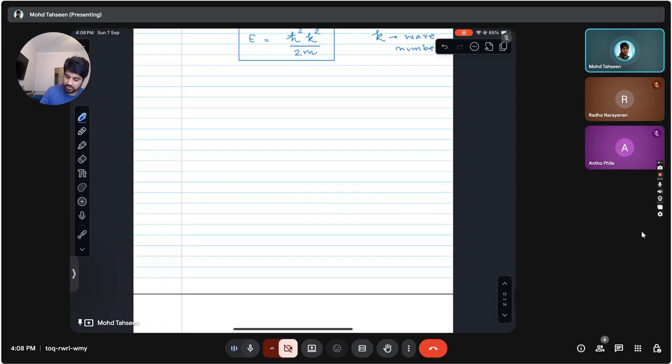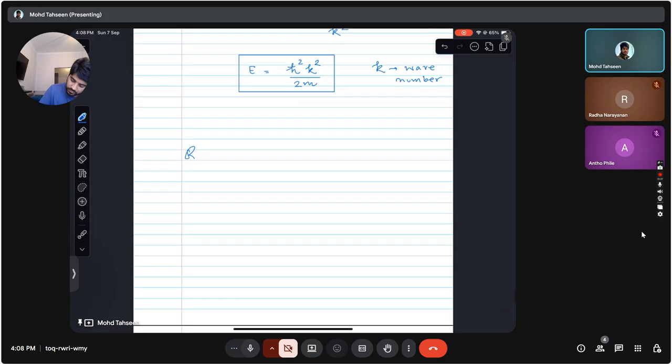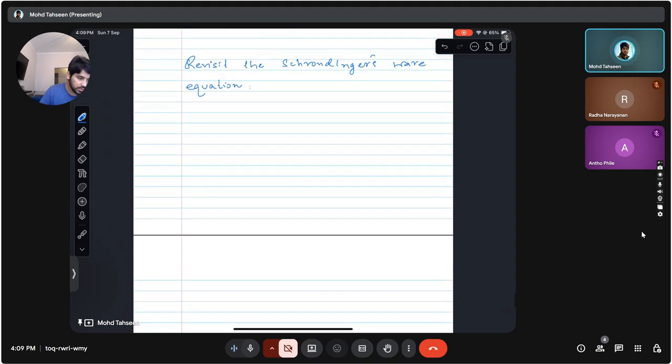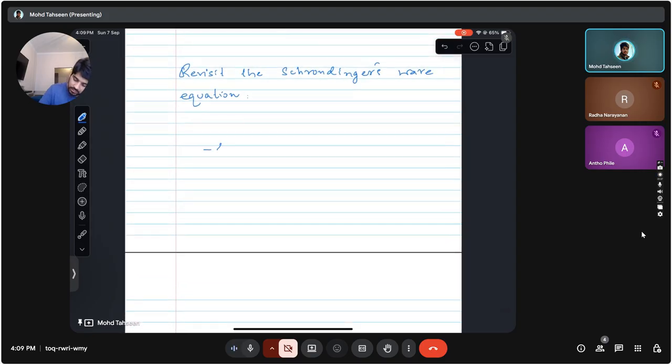But now let's revisit the Schrodinger's wave equation. Right, so what does this equation say? It says that minus h cross squared by 2m d square, because there is single dimension, and I am writing the time independent Schrodinger's equation, not the time dependent part.